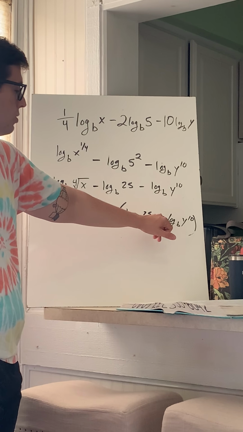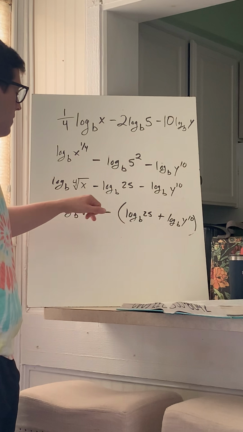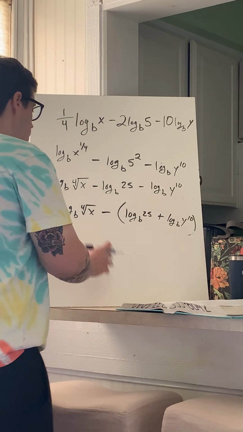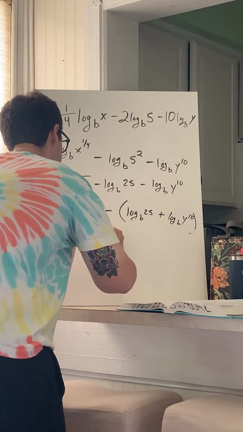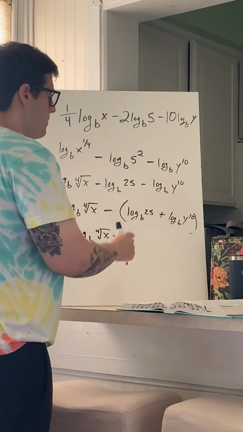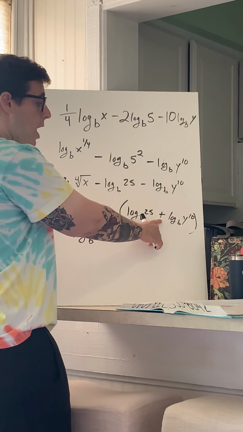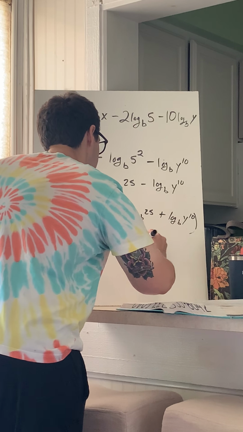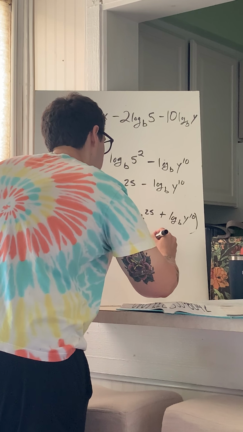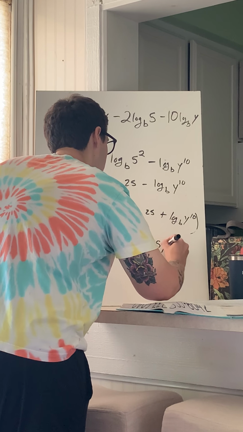So now what I'm going to do is the product rule here and then the quotient rule when I'm done. So this will be log base b, the 4th root of x, minus, plus means product, so it's this times this. So this is log base b of 25 y to the 10th.